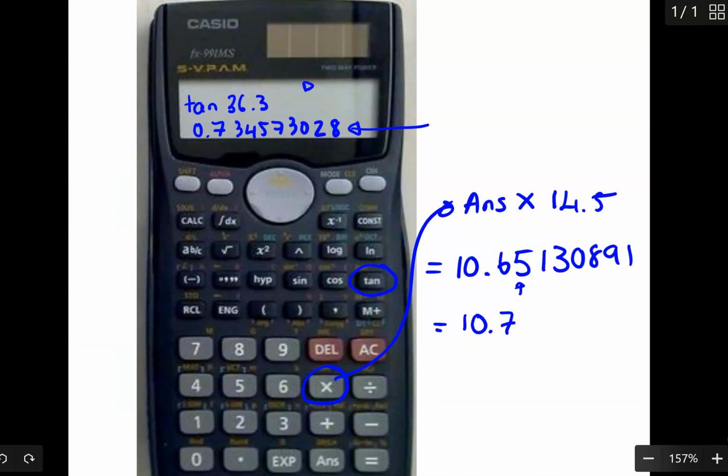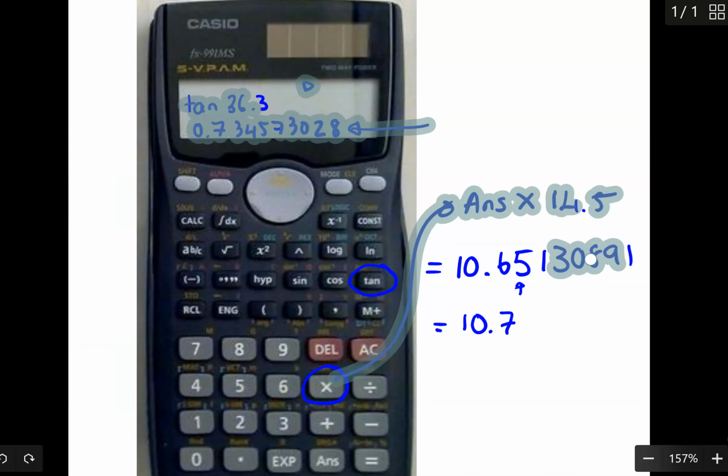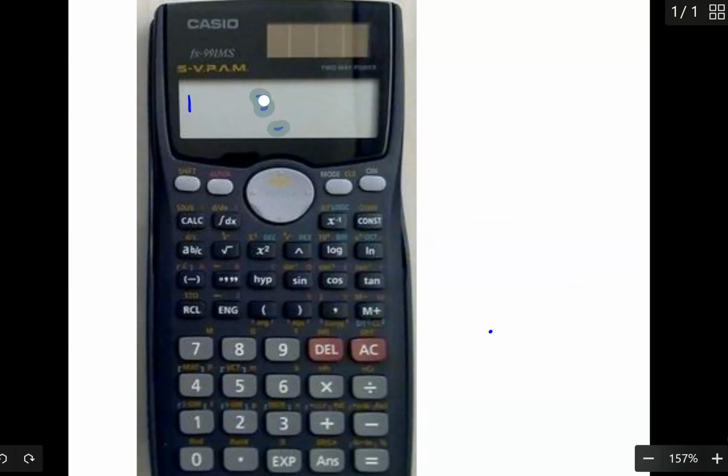Okay, so I'm going to erase what I have on this calculator and write down the new value. So you key in 14.5. Make sure the degree mode is still there, and then you press this key.